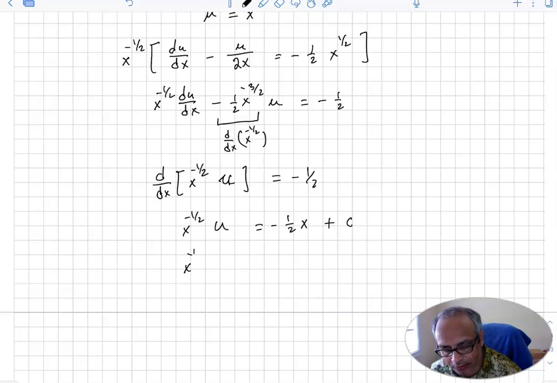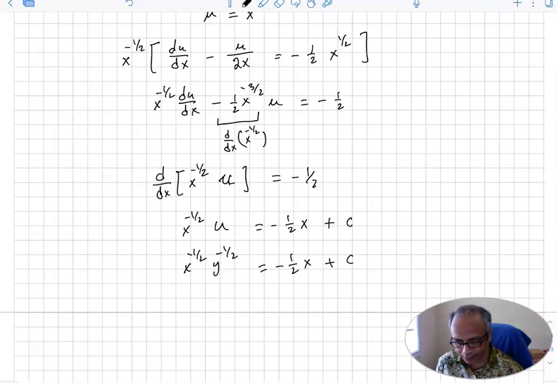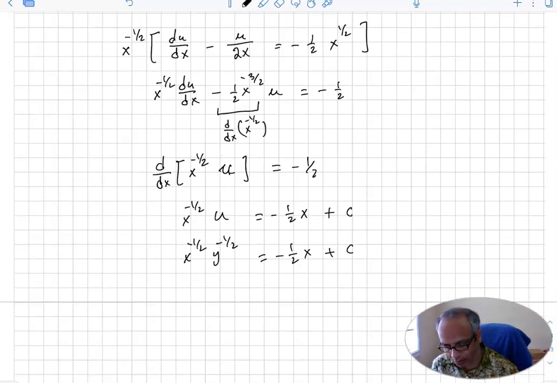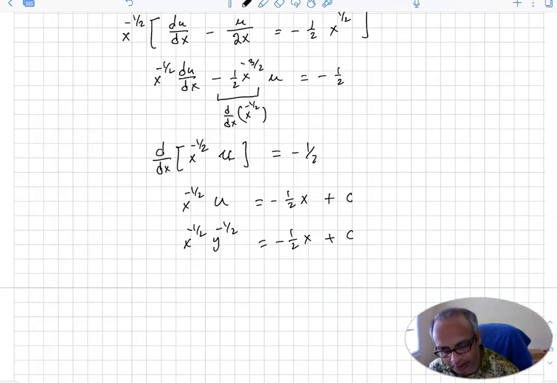So x to the power negative half, y to the power negative half equals half x plus c. You can rewrite y to the power negative half equals negative half x to the power 3 over 2 plus c x to the power half, since you're multiplying by x to the power half.